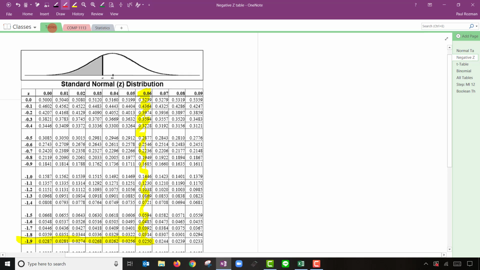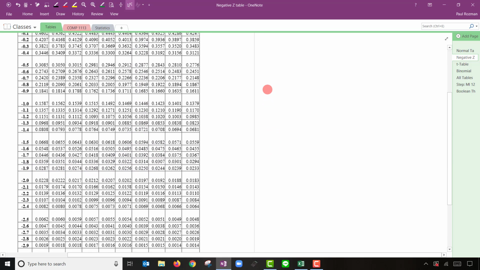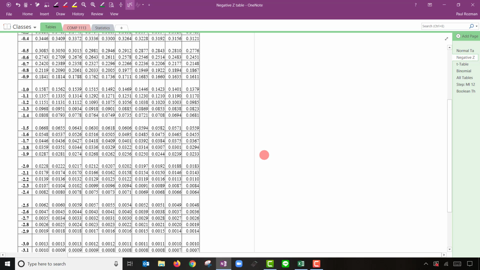We're looking up 0.005. I guess it'll be further down in the table here. Maybe we can find it. 0.005 is somewhere around here, negative 2.5 and then 7 or 8.